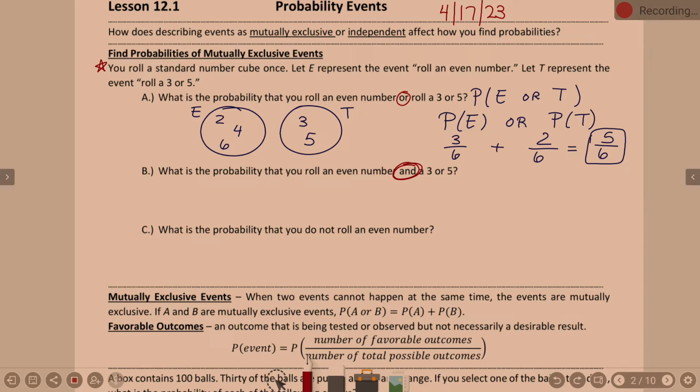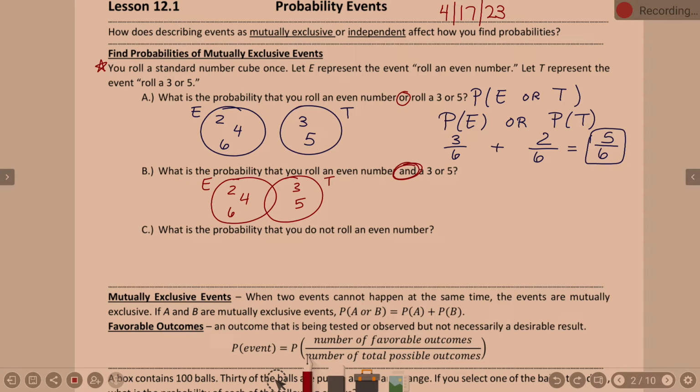You roll a standard number cube once. So I'm going to draw my picture a little different this time. Again, what were my possible choices for E? And what were my possible choices for T?